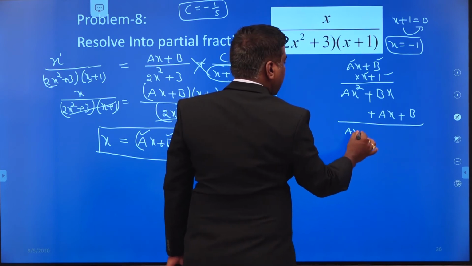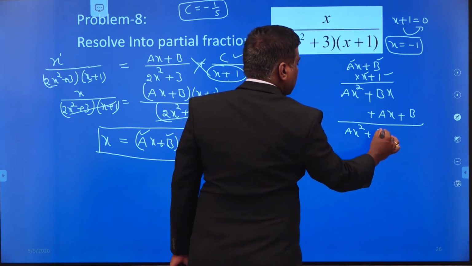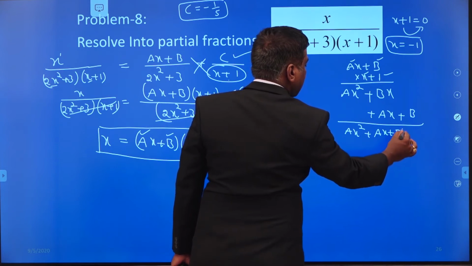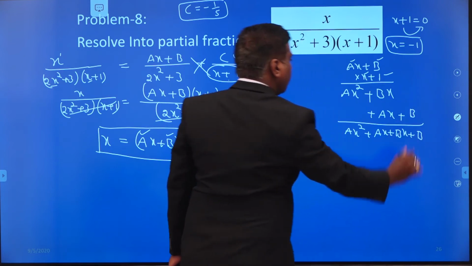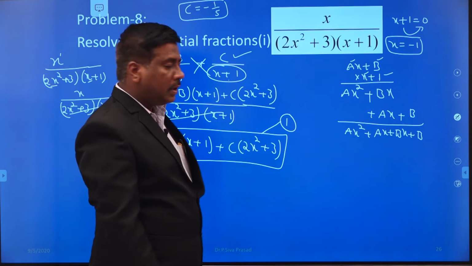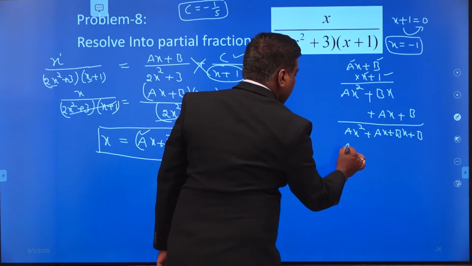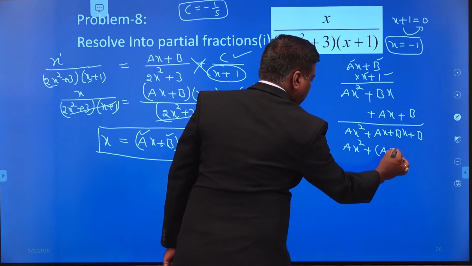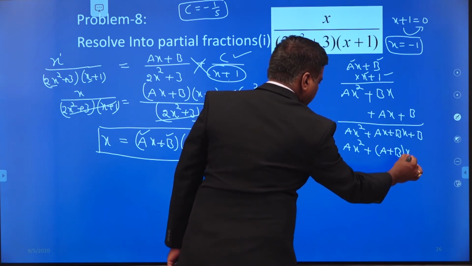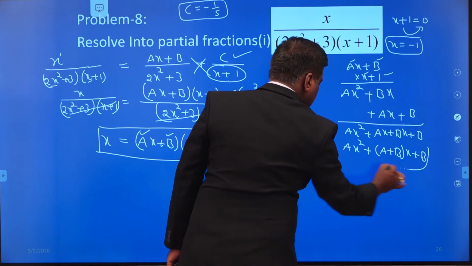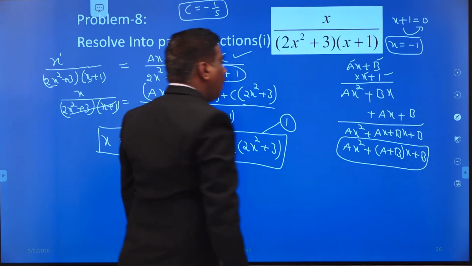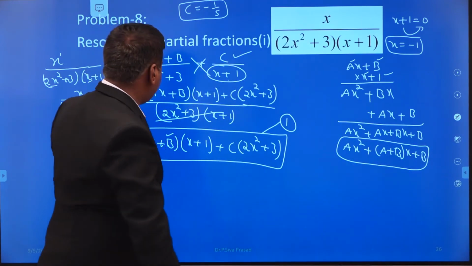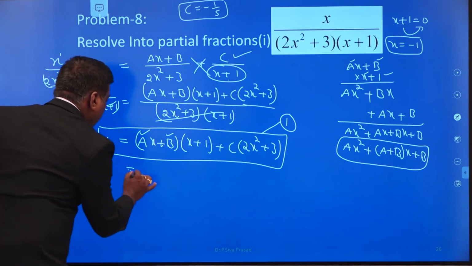After multiplying, you will get x square plus, taking x common, a plus b into x plus b. This is the term that we will get when we multiply x plus b with x plus 1.